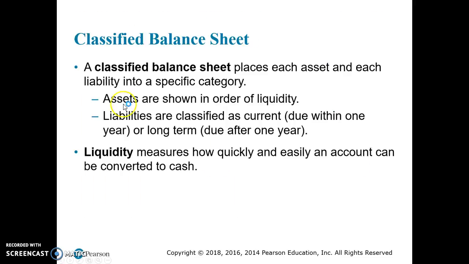So to do that, we're going to prepare a classified balance sheet, not just a balance sheet, but a classified balance sheet. Just a reminder, you might want to write this down.